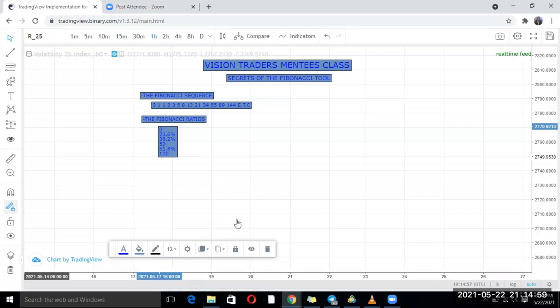He got these ratios from this sequence of numbers.